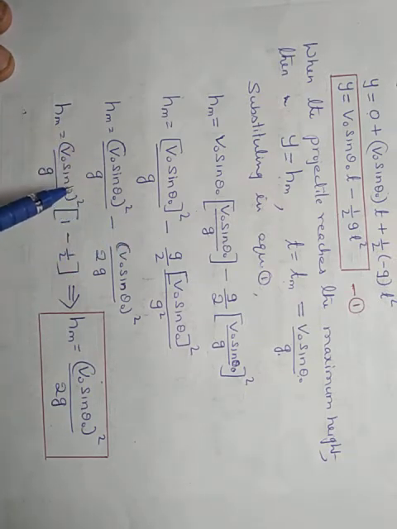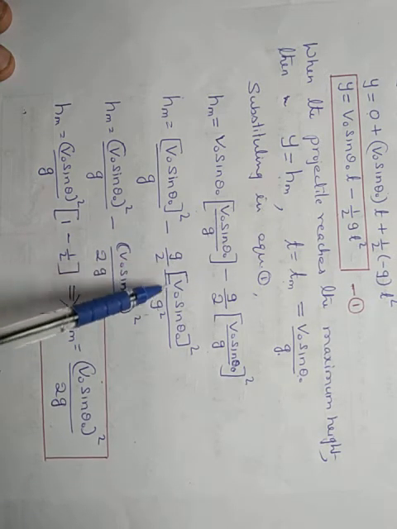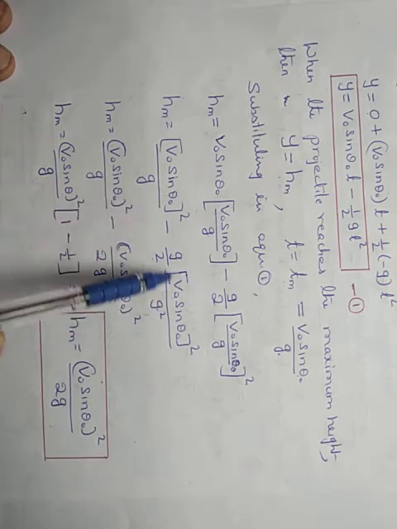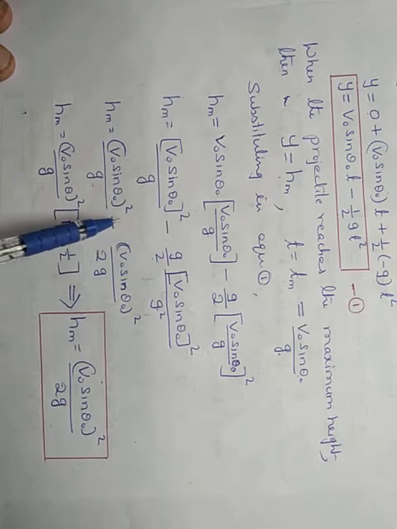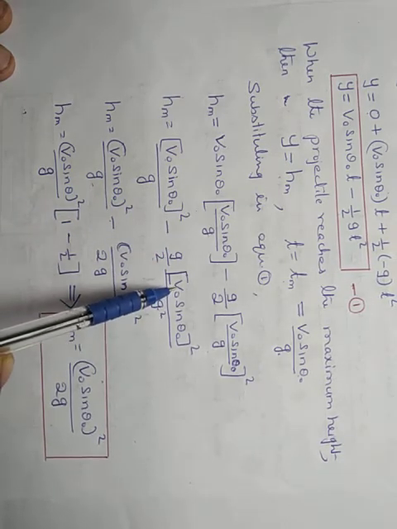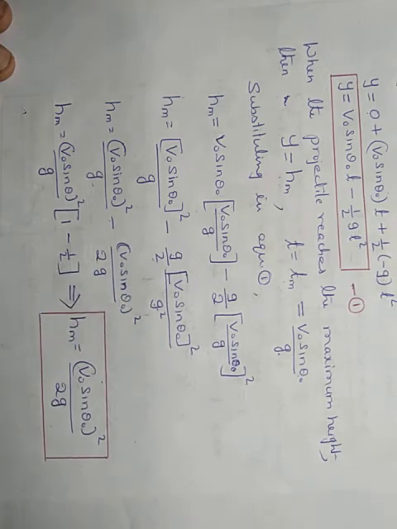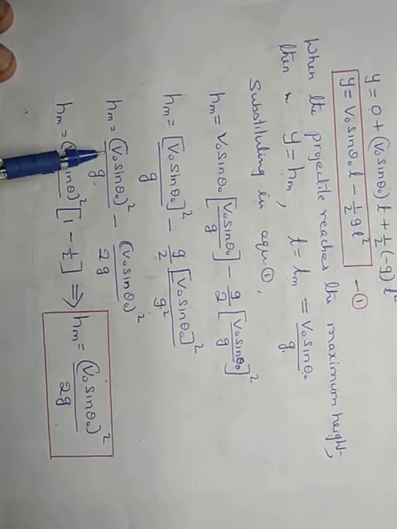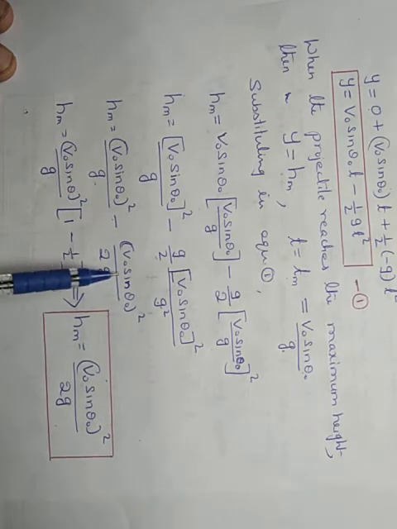So, g by g square, one g cancels, you will get 2 times g. You can write this equation as v naught sin theta naught whole square by g minus, here g cancels, we will get v naught sin theta naught whole square by 2 into g. In both the terms something is common. What is that? In both the terms we have v naught sin theta naught whole square by g common.